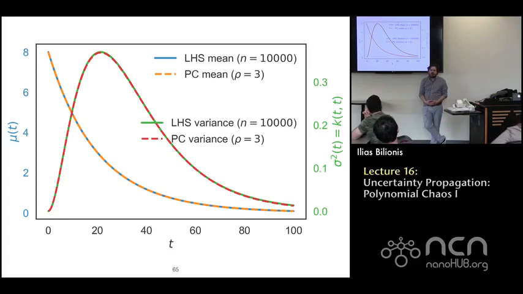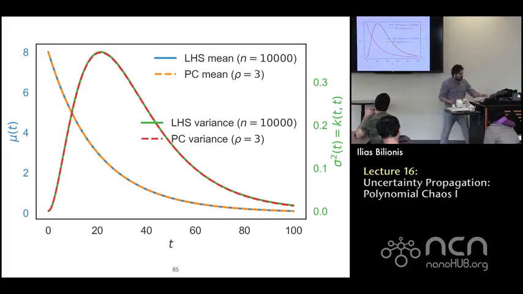The other advantage of polynomial chaos versus sampling is that at the end it will give you the solution as a function of the random variables. So once you construct them, you can evaluate the response at any point you want.